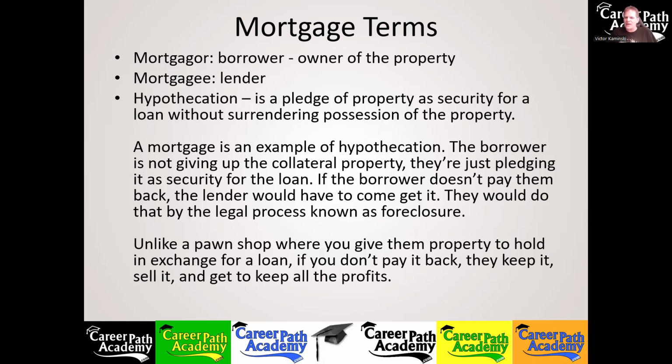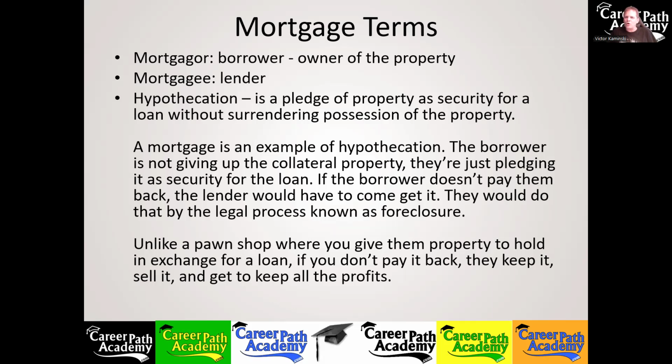And if the borrower doesn't pay them back, then the lender would have to come and get it. They would do this by the legal process known as foreclosure. And this is the opposite of the way a pawn shop works, where if you need money, you bring in one of your valuable goods and they estimate its value and they lend you a portion of it.